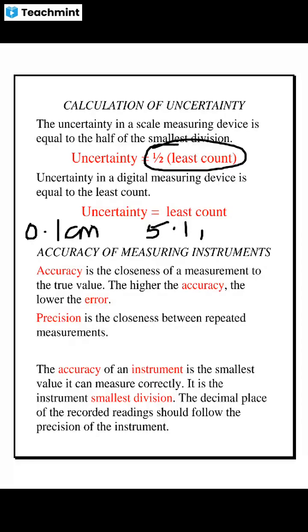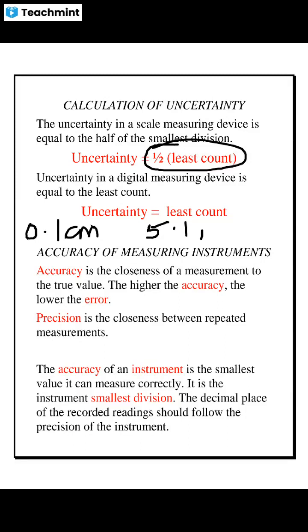How is it half of this? They assume that you have half of it to the right and half of it to the left. You commit an error to the right, you commit an equal error to the left. So that is why they are dividing it by 2. Take note.